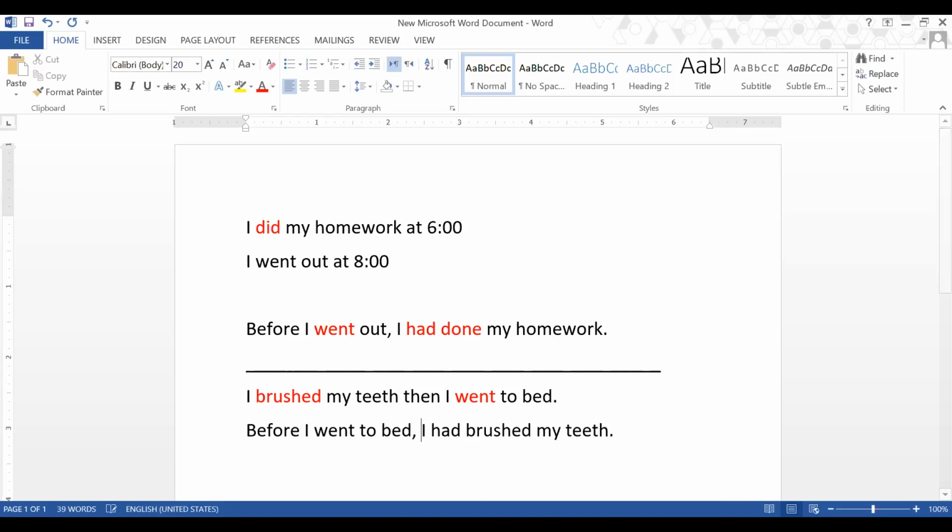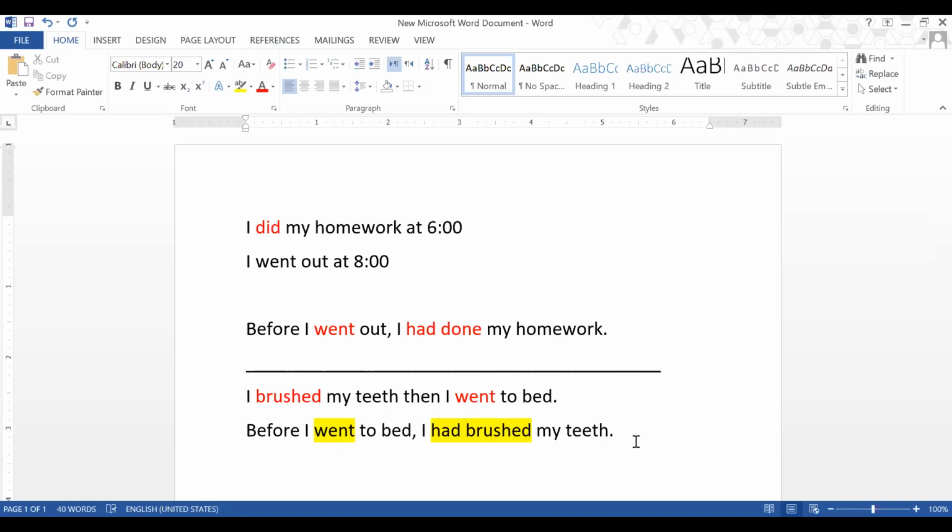So why did we write the sentence like this? We have again two verbs, went and had brushed. Okay, let's imagine this. I did two things. Brushing my teeth and going to bed. Which one is earlier? Which one is before the other? Logically speaking, brushing your teeth is before going to bed, right?